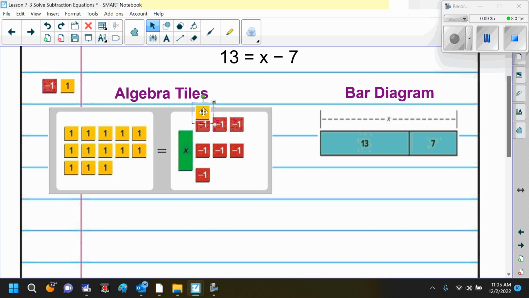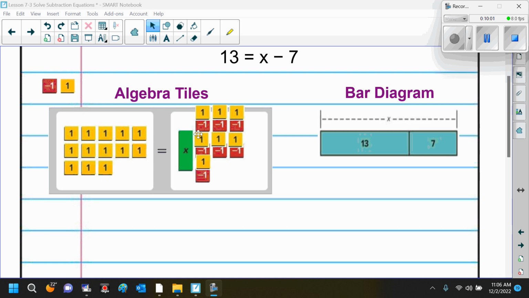So this is a positive 1 and a negative 1. What's a number plus its opposite? 0. So that's 0. So now I have x and 6 negatives, right? So we don't want 6 negatives. We want to get rid of all those negatives.